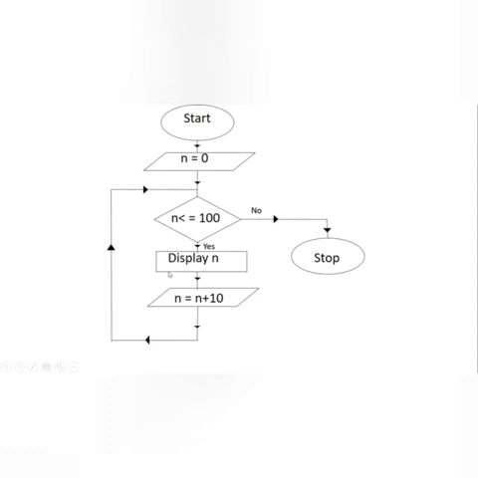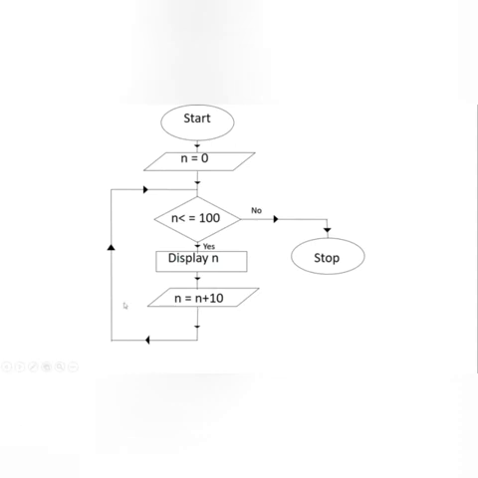In the process, display n, or display 10, and then the data flows again. In the output, the new n equals 10 plus 10. So the entirely new n is now 20.